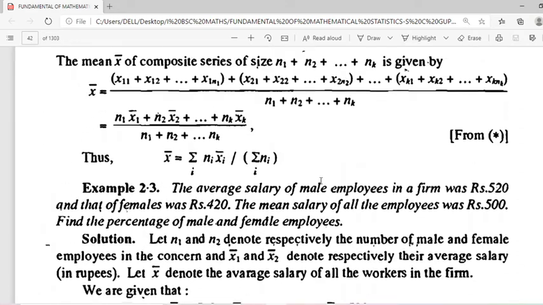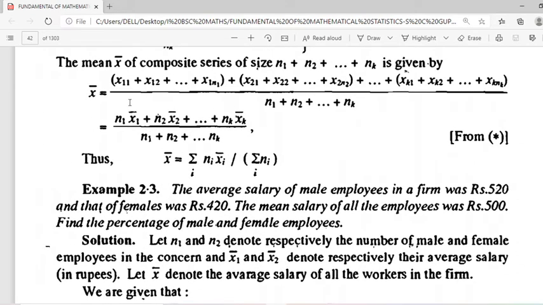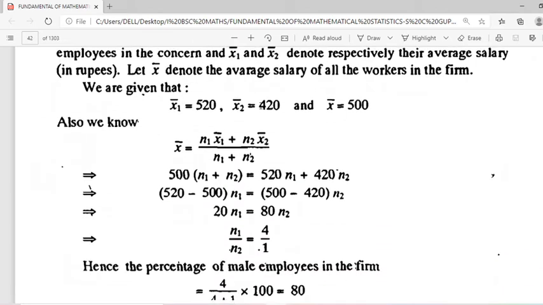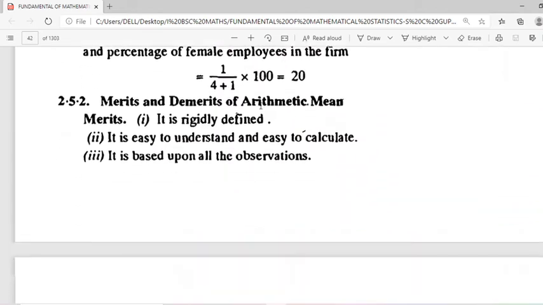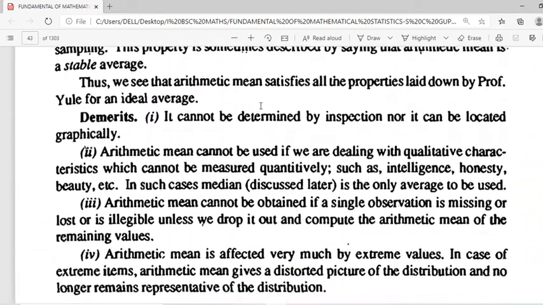If we don't have the value of this observation, we cannot find the mean, so we have to remove it and use the remaining observations to find the arithmetic mean. That makes problems sometimes.